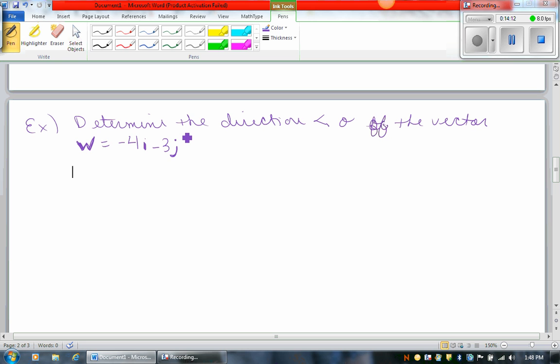Okay, so here's what we're going to do. We're going to take this and put it into component form, which is going to be negative 4, negative 3.